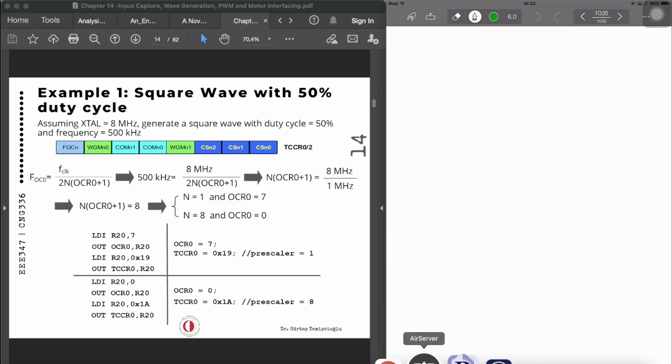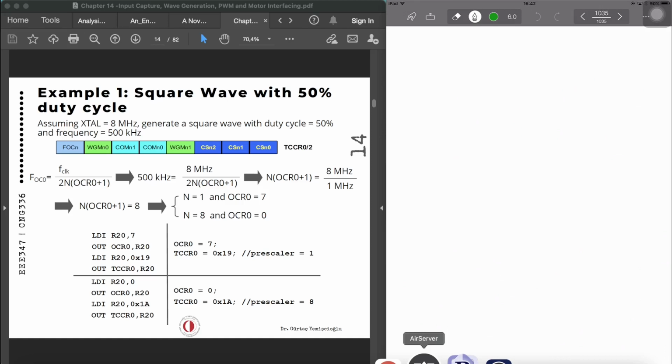And another thing, so for example, if you want to generate a waveform with different duty cycles, you just need to set another OCR value for the second value.